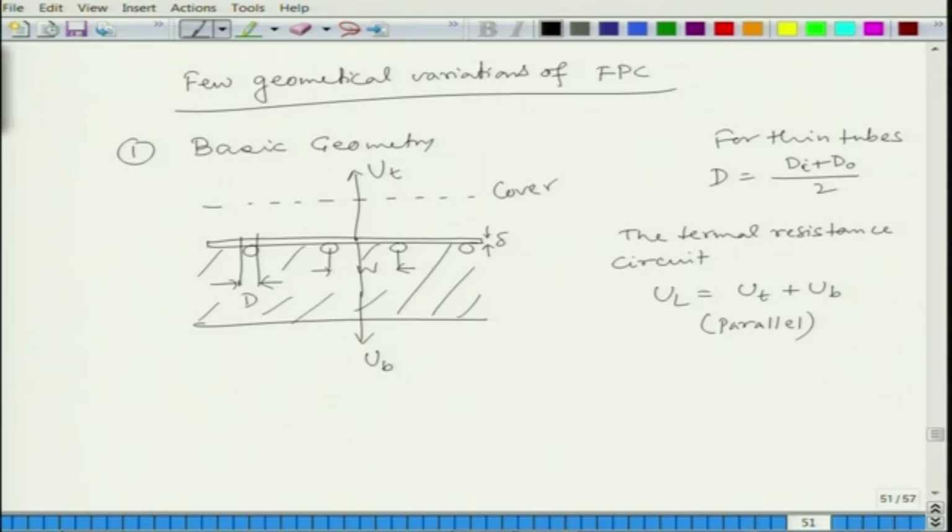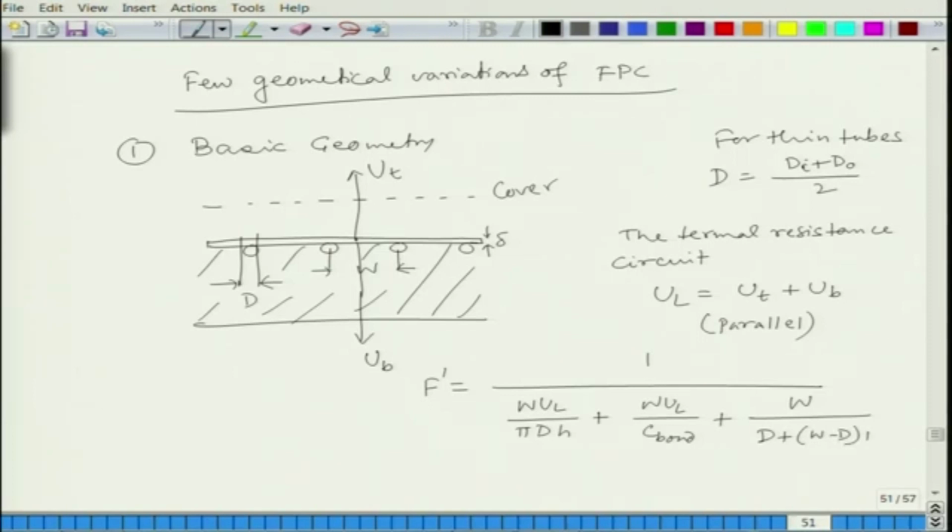So, we have derived the expression for this collector efficiency factor F prime to be 1 over W UL, divided by pi D h. This small h stands for the heat transfer coefficient inside the tube, plus W UL divided by the conductivity of the bond material between the plate and the tube, plus W by D plus (W minus D) F. This F is the fin efficiency.